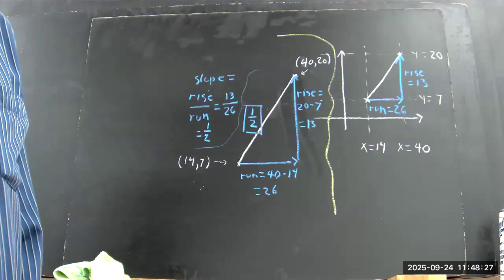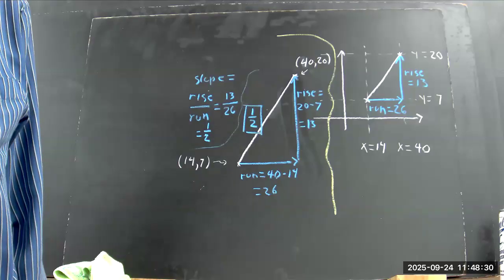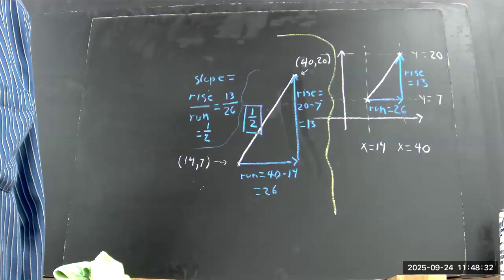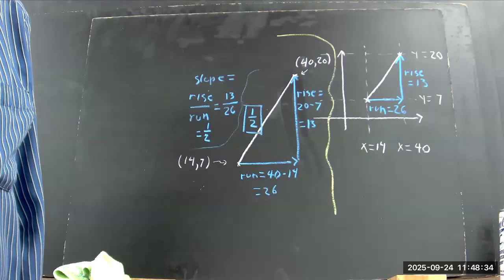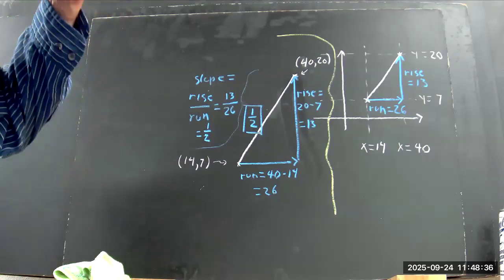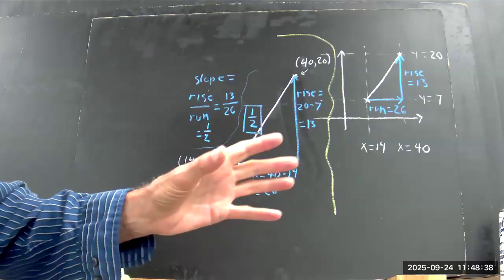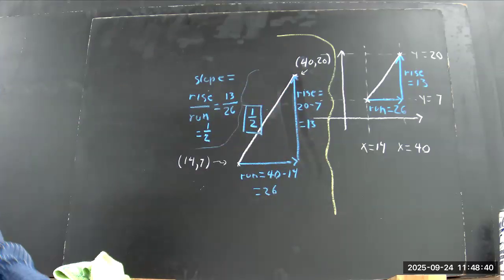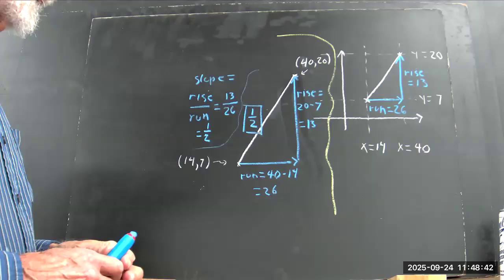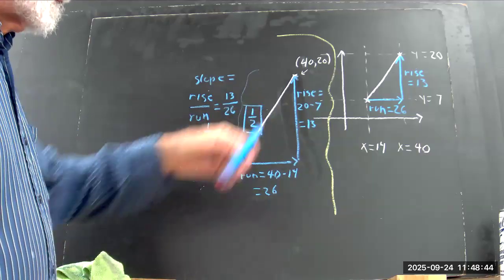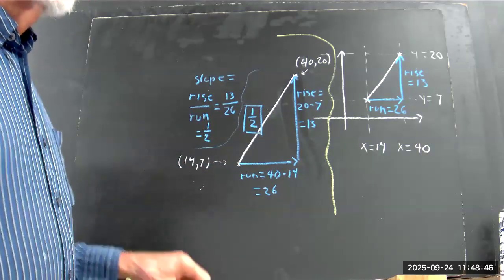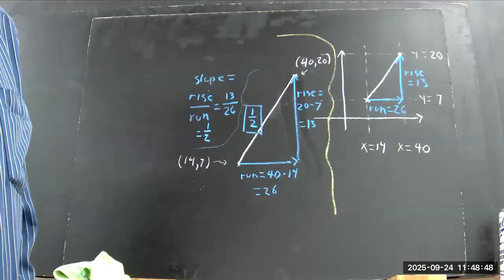You should do it enough times that it's automatic and you completely understand it. All right, it doesn't take that long to really master this idea. So that's how we understand the slope between 2 points.